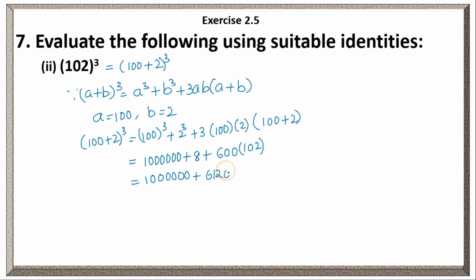If I multiply 600 with 102, it will become 61,200. To 61,200, if we add 8, it will become 61,208. Clear? If we add 10 lakhs with 61,208, it will become 10 lakhs 61,208. Clear? This is the cube of 102 whole cube. Clear? Right.